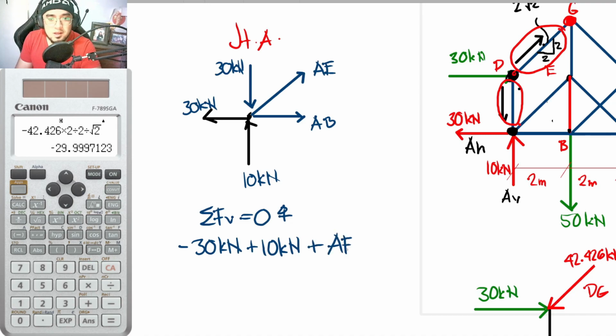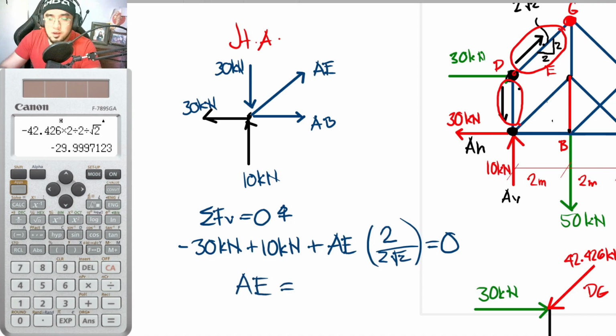What is its vertical component? Multiply it once again by the vertical side of the slope, then divide it by the hypotenuse. This is now equal to 0. So AE is now equal to, looking at the calculator, 30 minus 10. Or better yet, transposing them here first, 30 minus 10, of course, this would become positive and this would become negative.